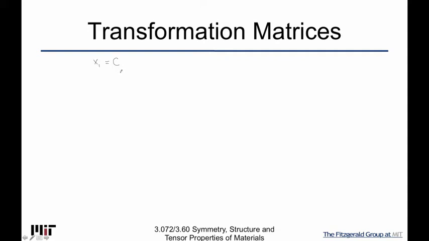Once we have the Cij, we can use them to relate not only a force or displacement vector, but think about it. By definition, the axes themselves are related. The new axes and the old axes are related by that transformation matrix as well.